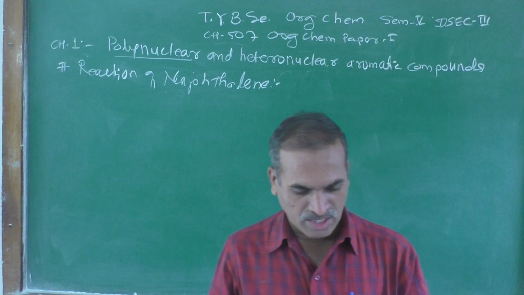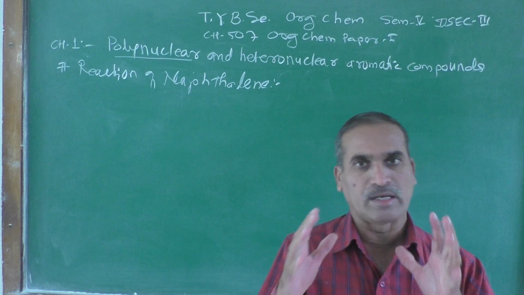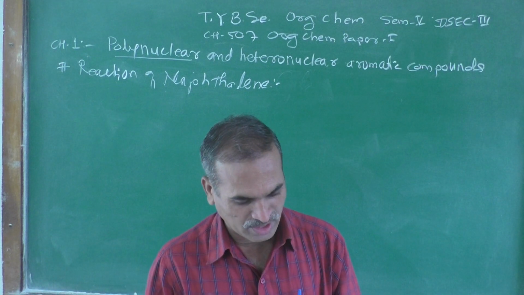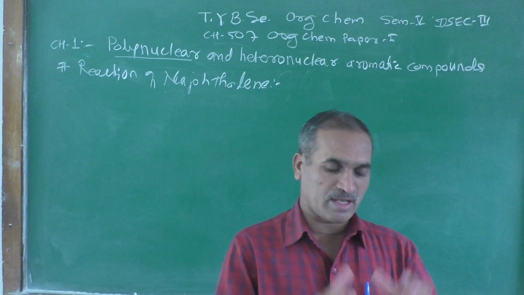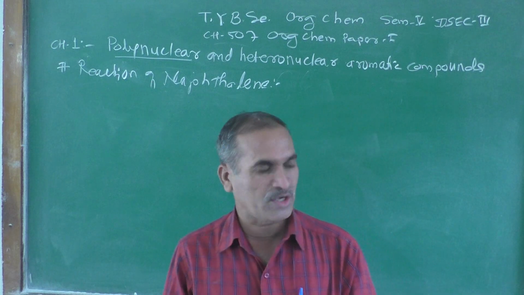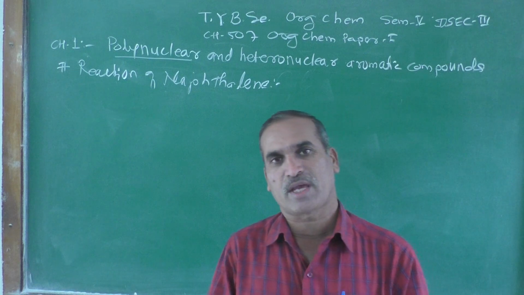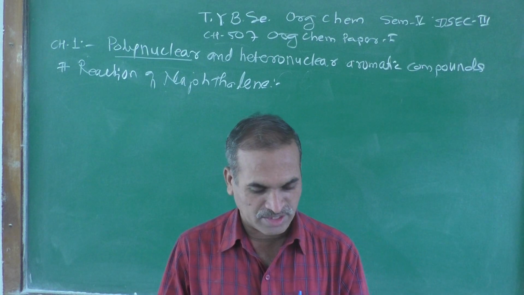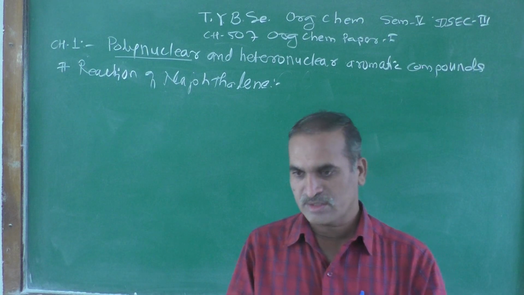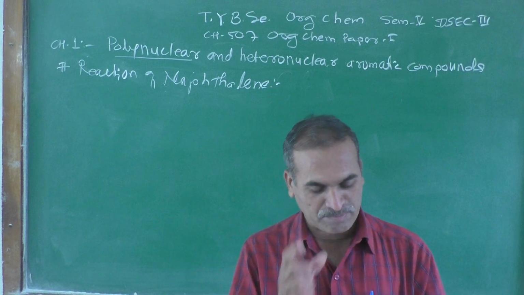Naphthols are prepared by fusion of sulfonic acid with alkali. Alkali, generally, we know, is sodium hydroxide. The starting material here is the sodium salt of sulfonic acid treated with 2 moles of sodium hydroxide at 300 degrees centigrade, which gives the intermediate product, sodium naphthoxide.